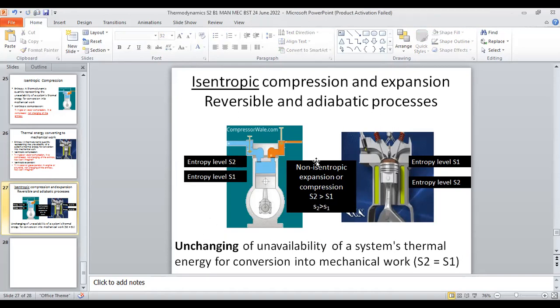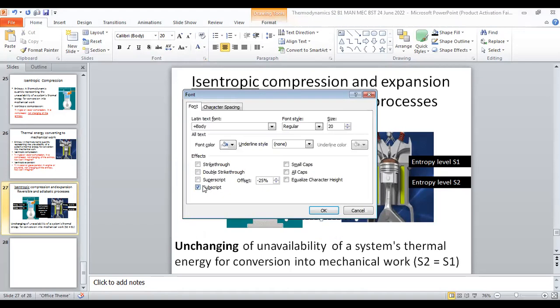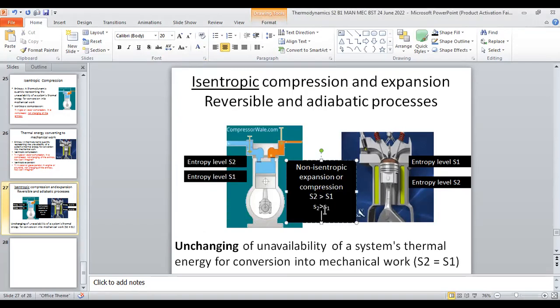So this is the real situation, real cases like this. The other case we will say ideal.